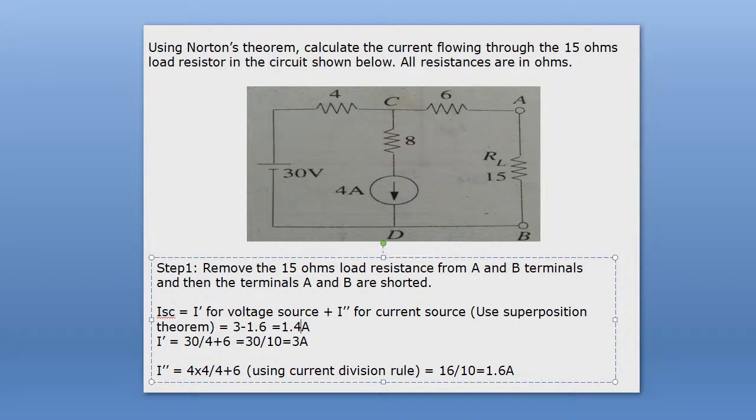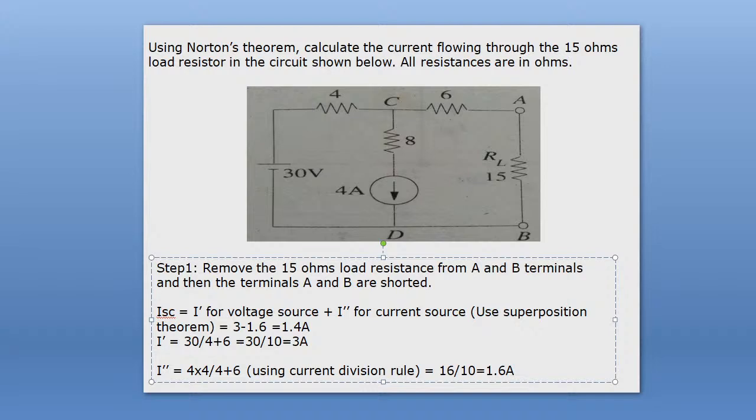1.4 ampere. Okay, so everyone try to understand the solution of this problem. You see, short circuit current is the difference between the current for only voltage source and the current corresponding to only current source. You see, the current corresponding to voltage source will flow through this short path in the clockwise direction.